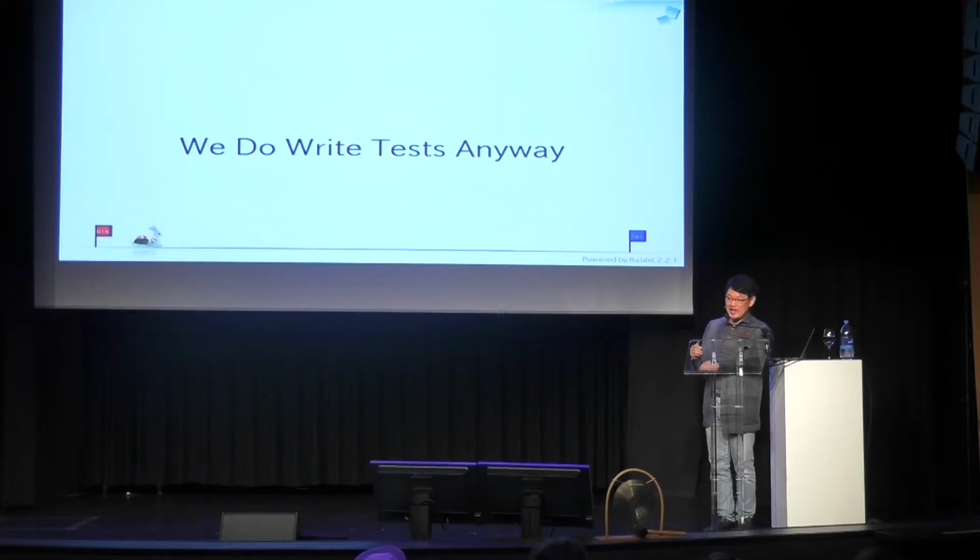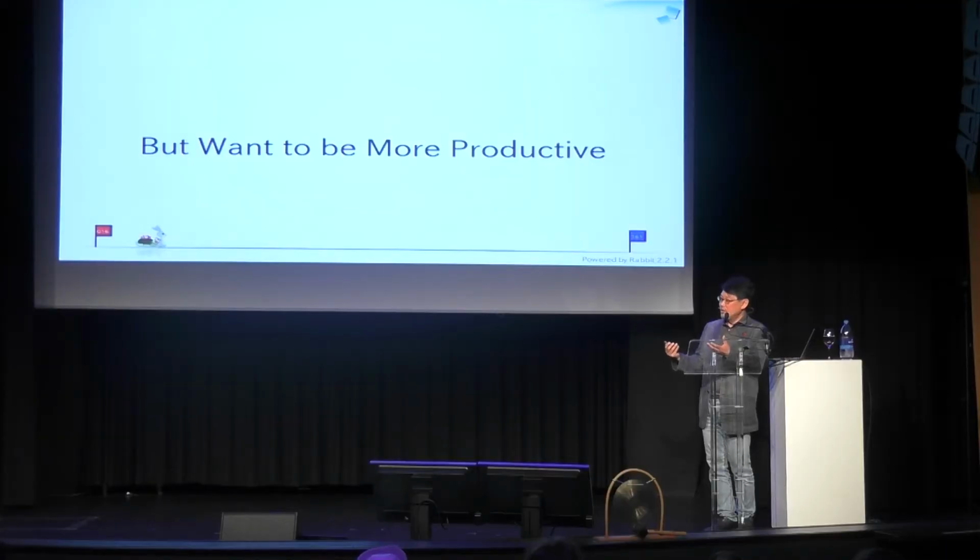But we human beings have not yet invented a way to create correct software without tests, so we write tests anyway. But we want to be more productive, or to live without the test burden, so we want to reduce the burden of test writing.